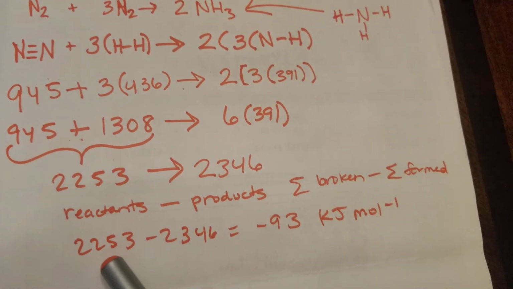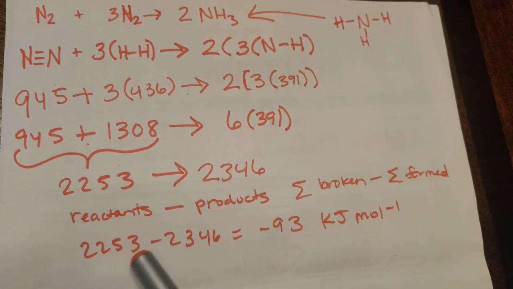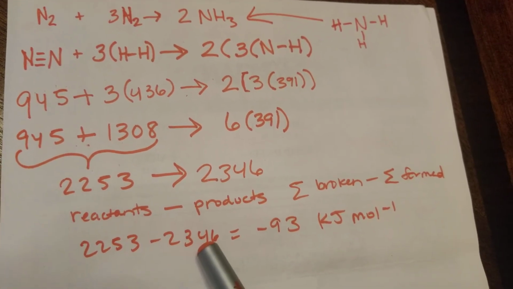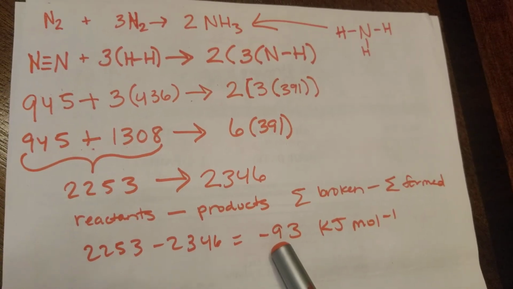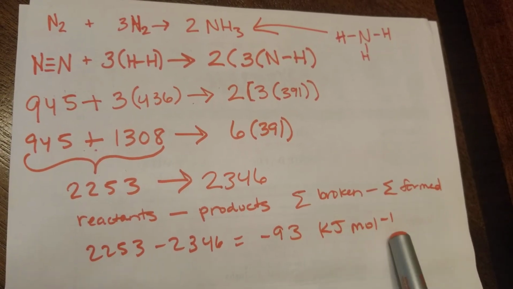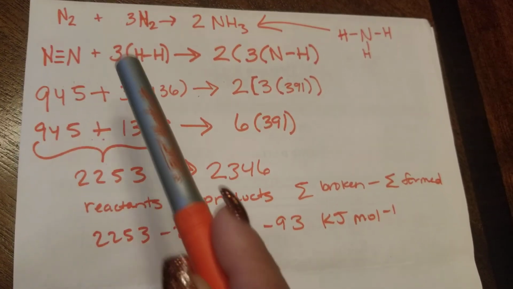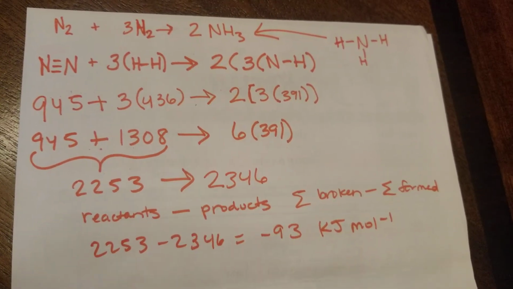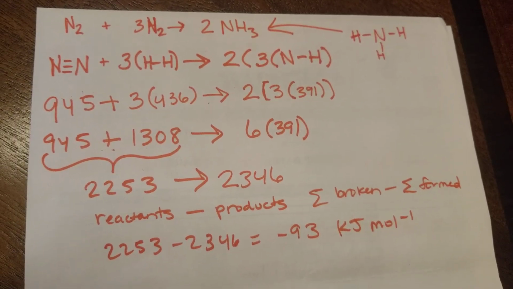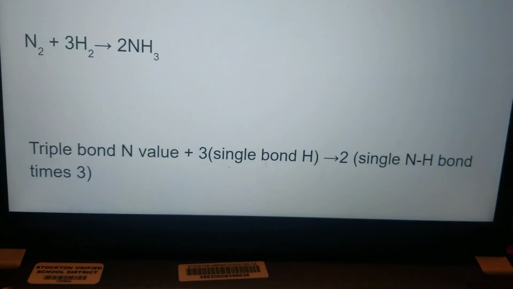So what do you get? 2253 minus 2346, which equals negative 93 kilojoules per mole. That's the delta H value of this reaction using average bond enthalpies. And I've summarized that there on the bottom.